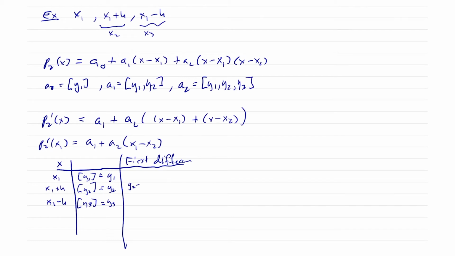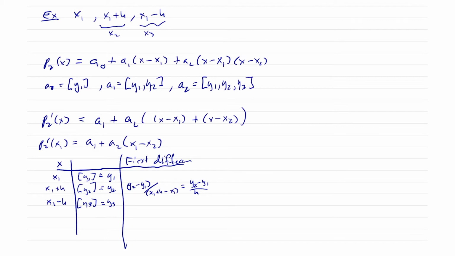So we get y2 minus y1, and then we divide by the x value right here, and if we go diagonal until we hit this y value, we use this x coordinate here, right? And so continuing this, we get x1 plus h minus x1 on the bottom. That's y2 minus y1 divided by h.